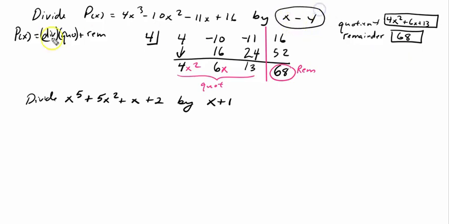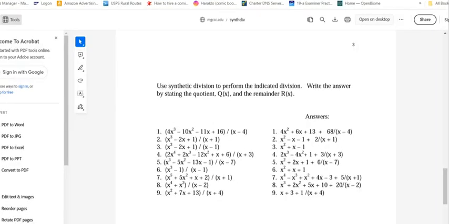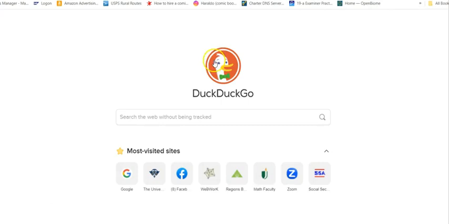So I divided by x minus 4. And the quotient, I've already figured that out. Then plus the remainder. So we should have plenty of ways to answer the web work.